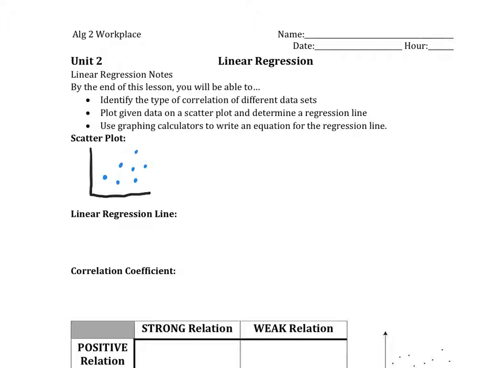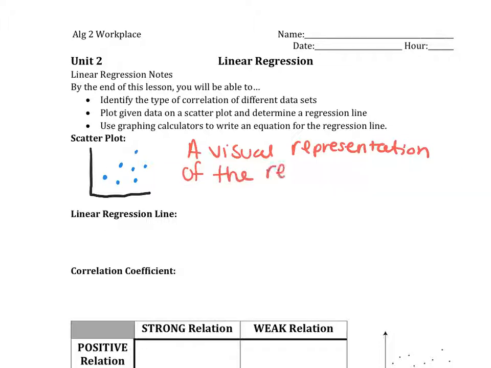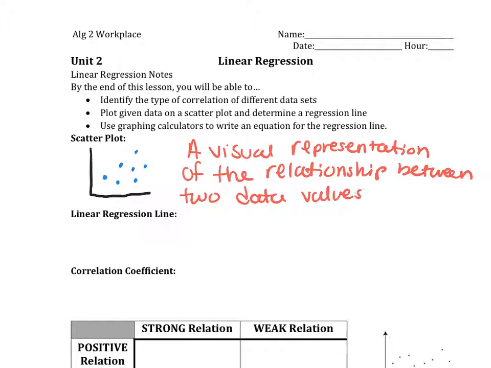So a scatter plot is a visual representation of the relationship between two data values. And again, they'd be x and a y.